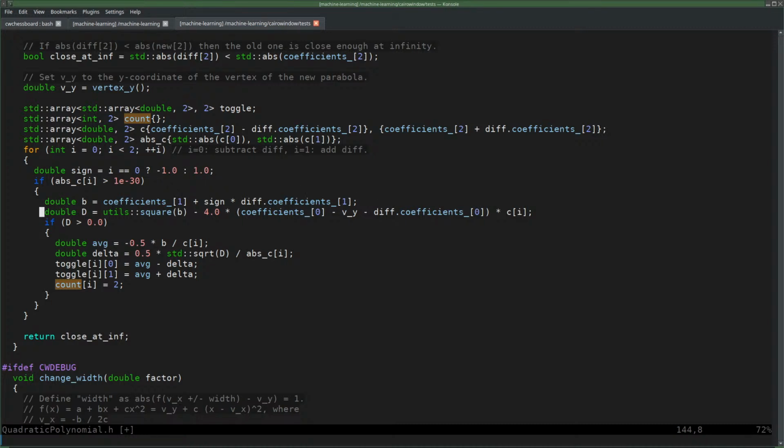And then the discriminant is b squared minus 4ac, where this is the a value, or the y coordinate of the vertex subtracted from the current one. And then we see that we made a mistake here, because this must be plus the sign times the diff, so either subtract or add it.